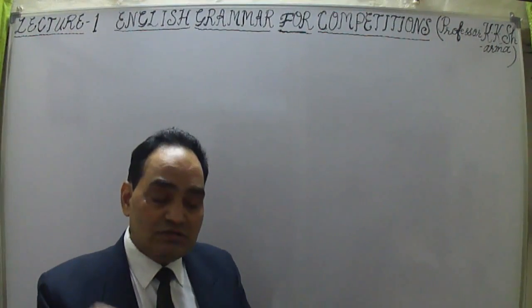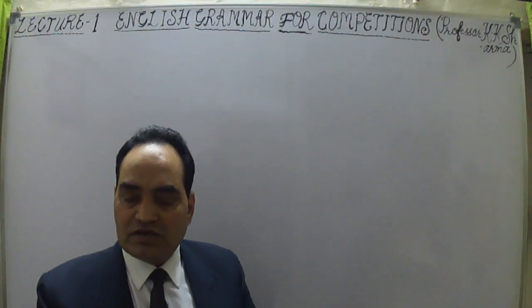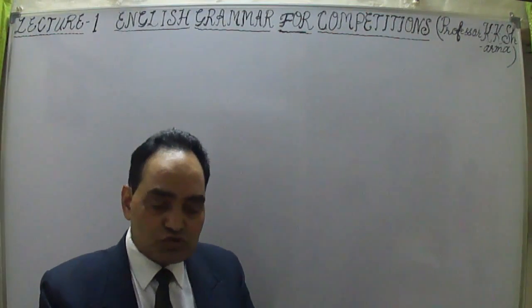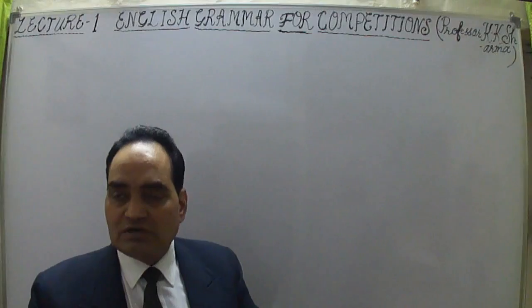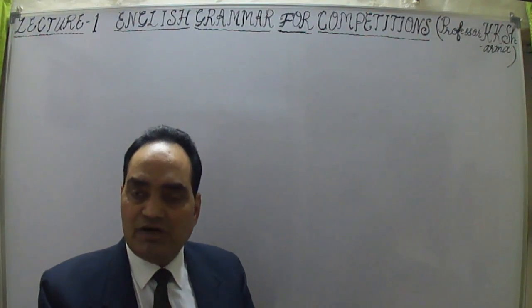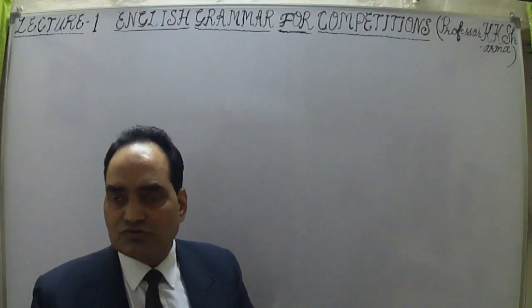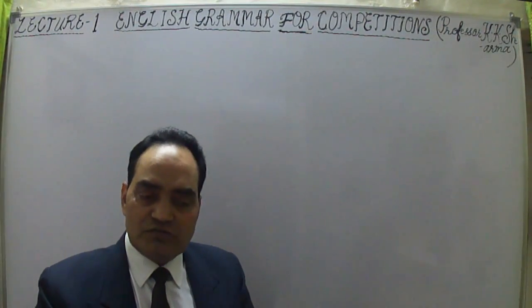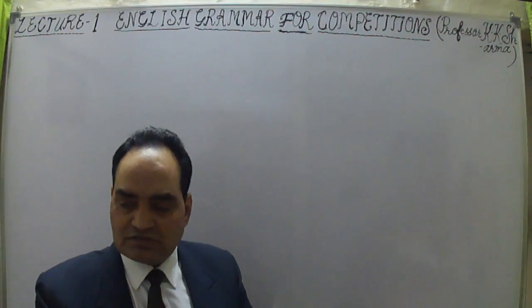For that, there is a requirement to know about roots, prefixes and suffixes, because most of the words in English, including scientific words in subjects like physics, chemistry, geology, botany, biology, almost all scientific subjects, even mathematics, are formed with the help of roots, prefixes and suffixes.